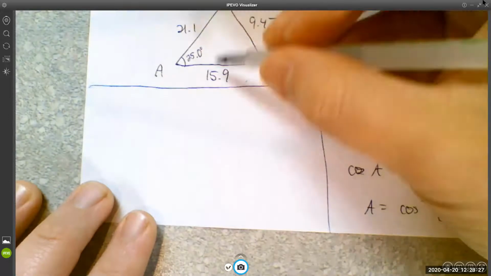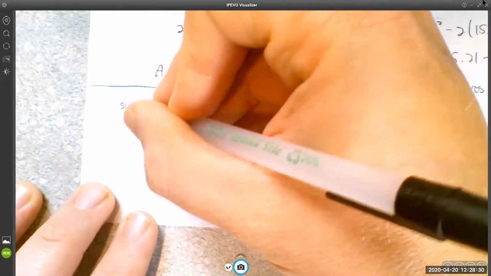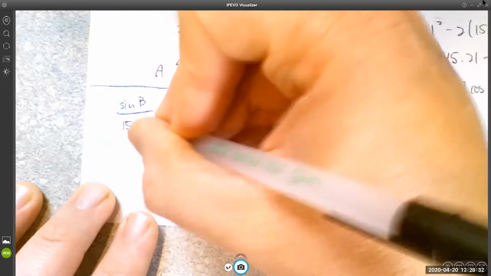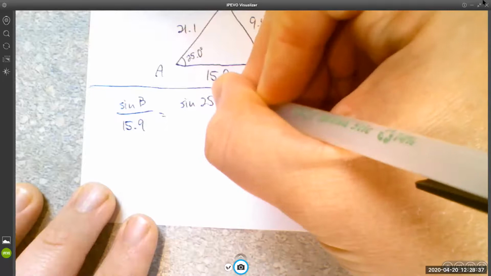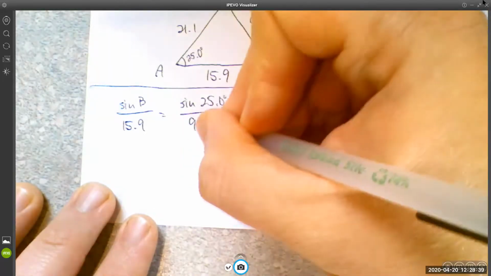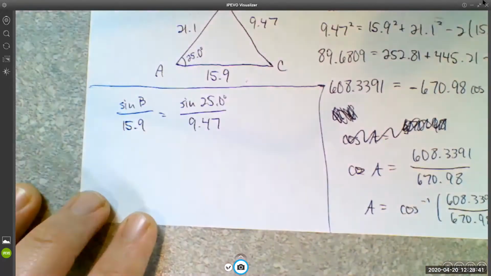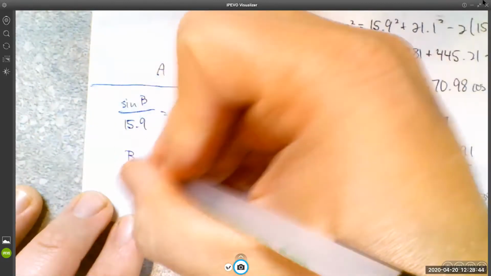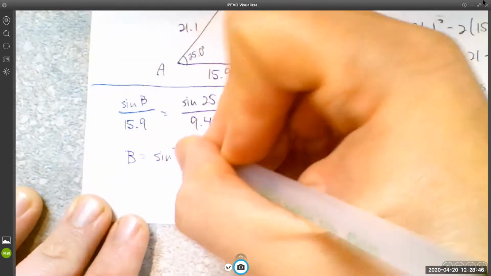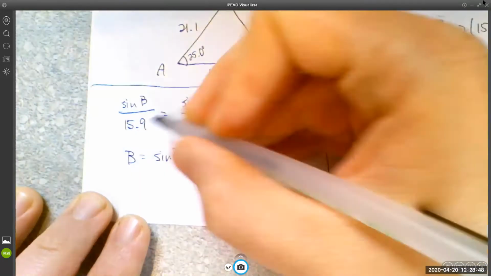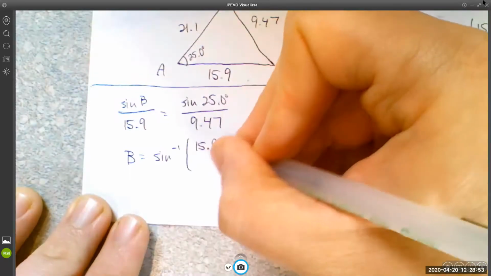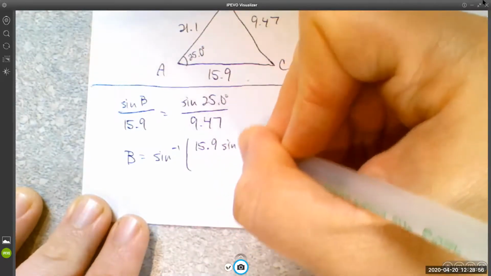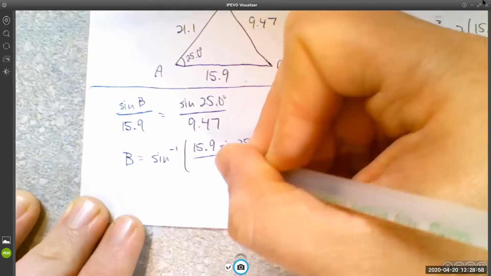So sine B over 15.9 equals sine A over 9.47. If I multiply both sides by 15.9 and then take sine inverse, B is sine inverse of 15.9 sine 25 over 9.47.